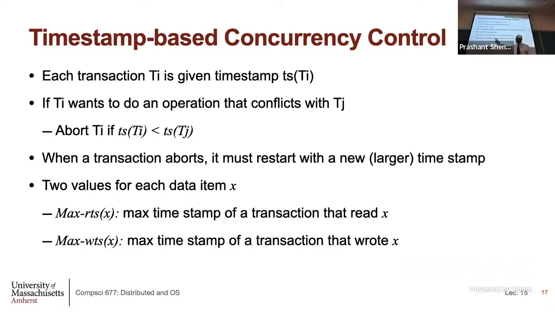And the write timestamp is the timestamp of the most recent transaction that wrote to it. So this is the most recent read time and the most recent write time. That's what it's tracking: which transaction has read it most recently, which transaction has written to it most recently.